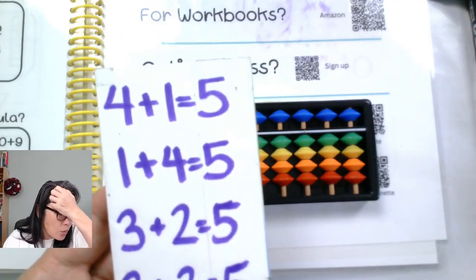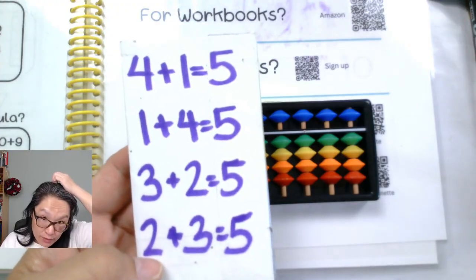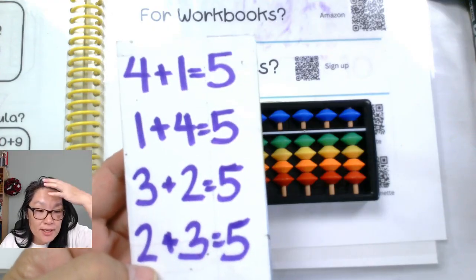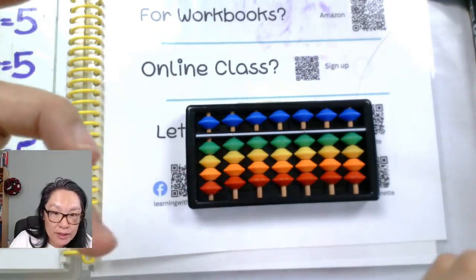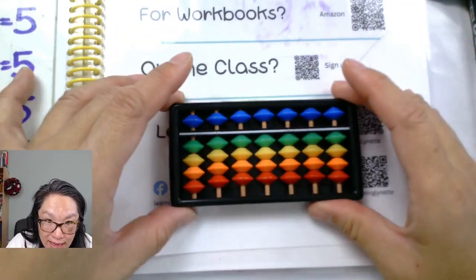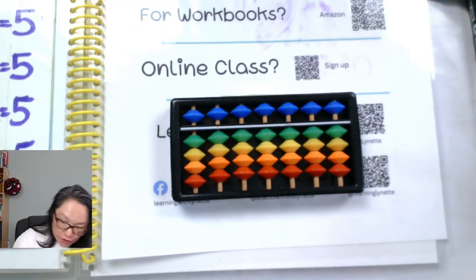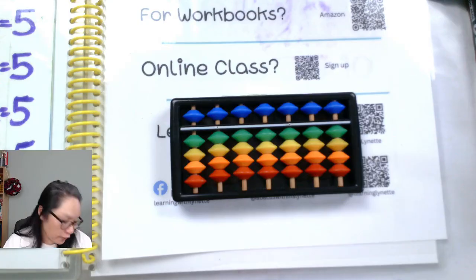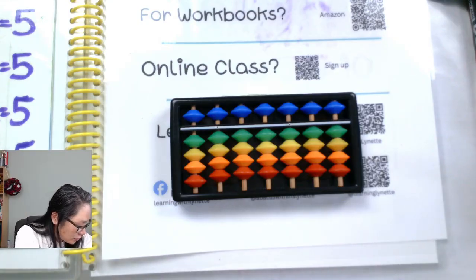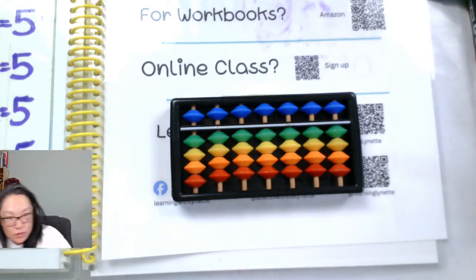We have our own separate terminology, but I'm trying to relate it to mainstream math, because I do believe this is the greatest thing next to sliced bread. We have all these other math manipulatives, but nobody knows how to use the abacus. So I'm trying to educate the world how to do it. We do a lot of distributive property. We do a lot of commutative property, right? But we don't say this in the abacus world.